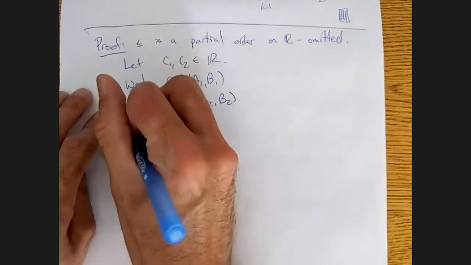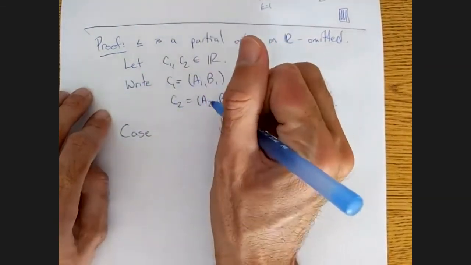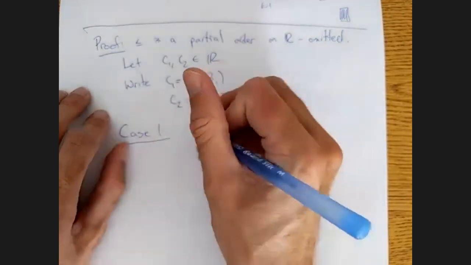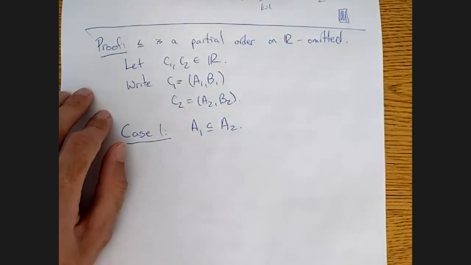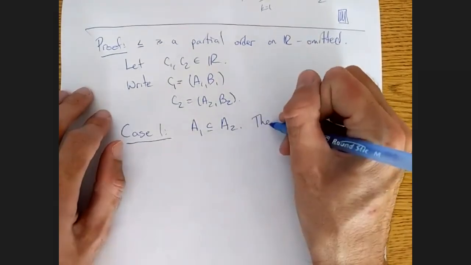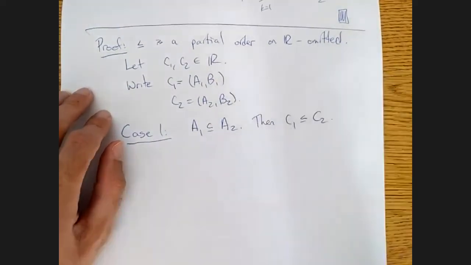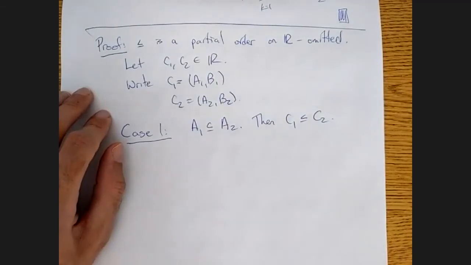Okay, so either A1 is a subset of A2, and that'll be good enough for us for now.